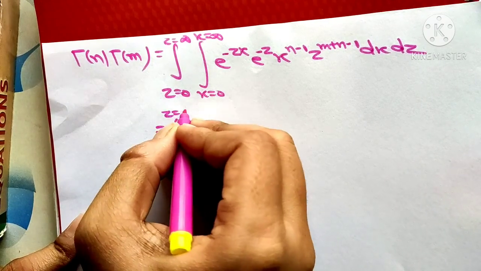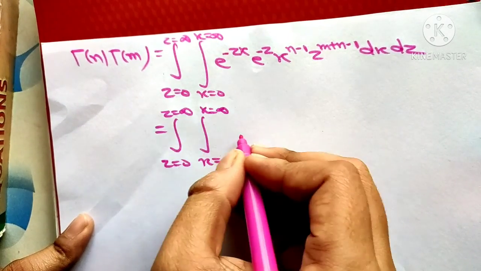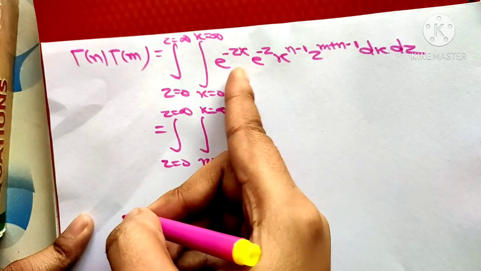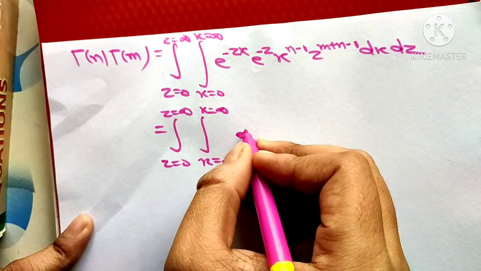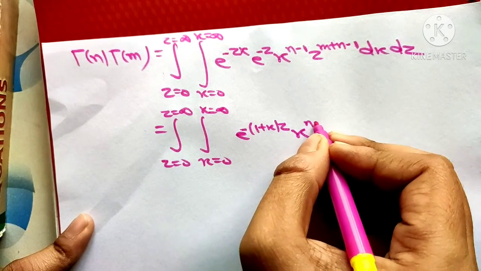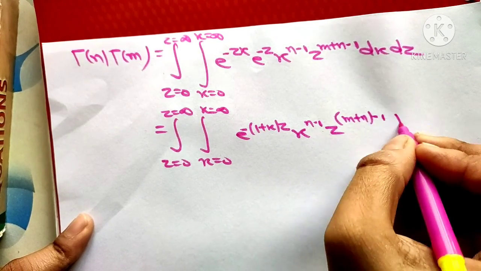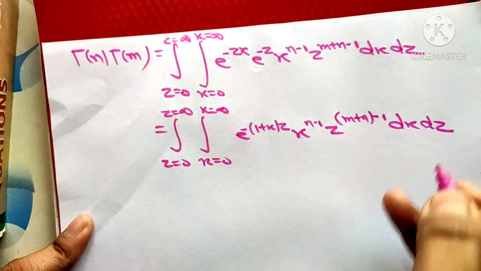Again, z from 0 to infinity, x from 0 to infinity, take the exponential base in common: e to the power minus (1 plus x) z, x to the power n minus 1, z to the power m plus n minus 1 dx dz.